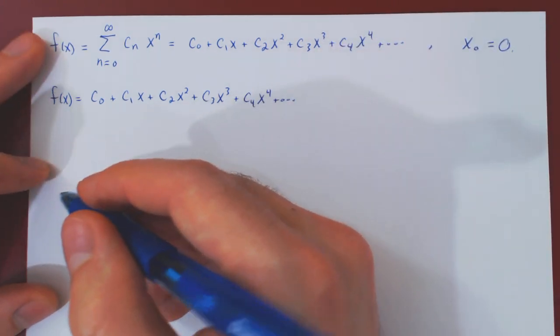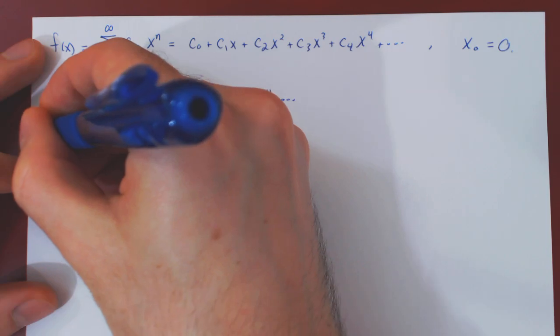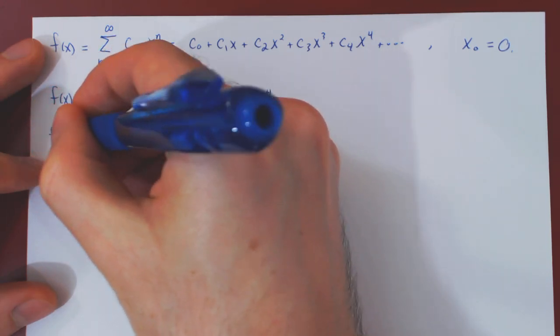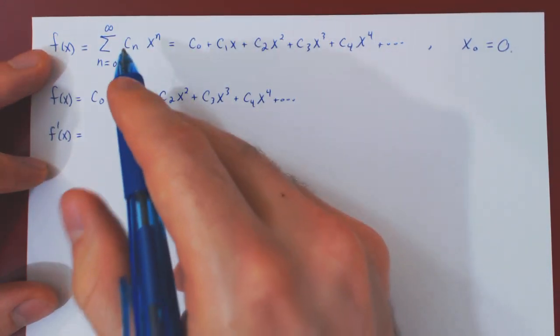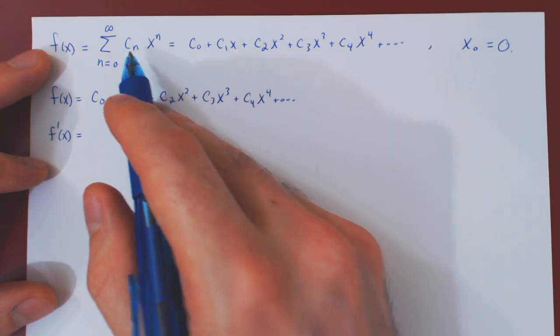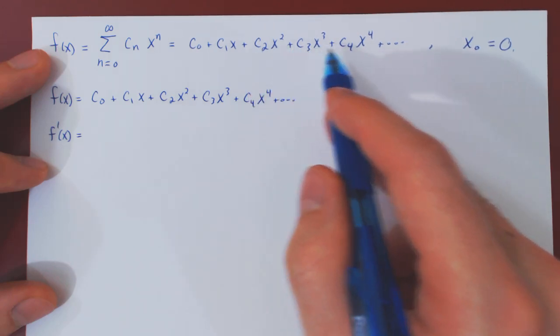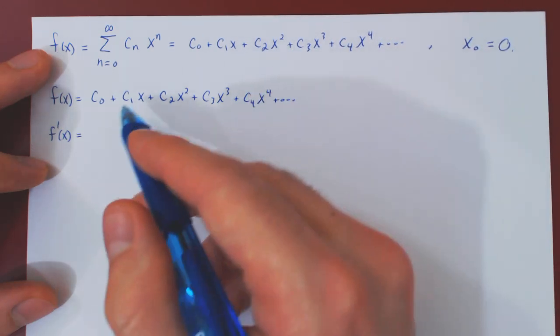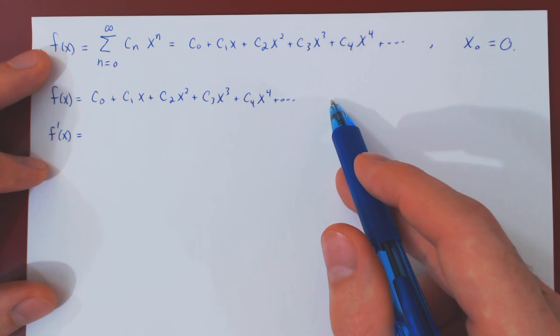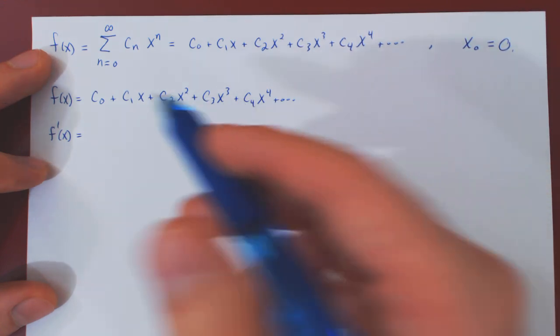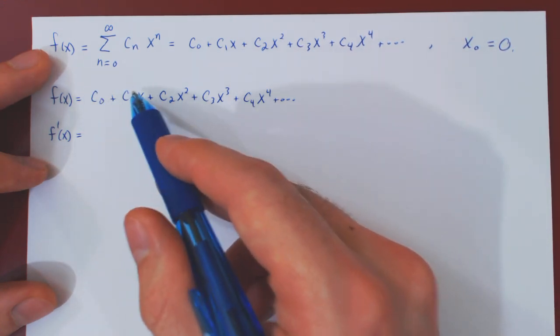So let's differentiate both sides, as both sides are equal as functions of x. This is our assumption. Keep in mind that the coefficients of the series, c_n, from 0 to infinity, are constants, they are real numbers. So when we differentiate the expression term by term, keep in mind that again these are simply constants.